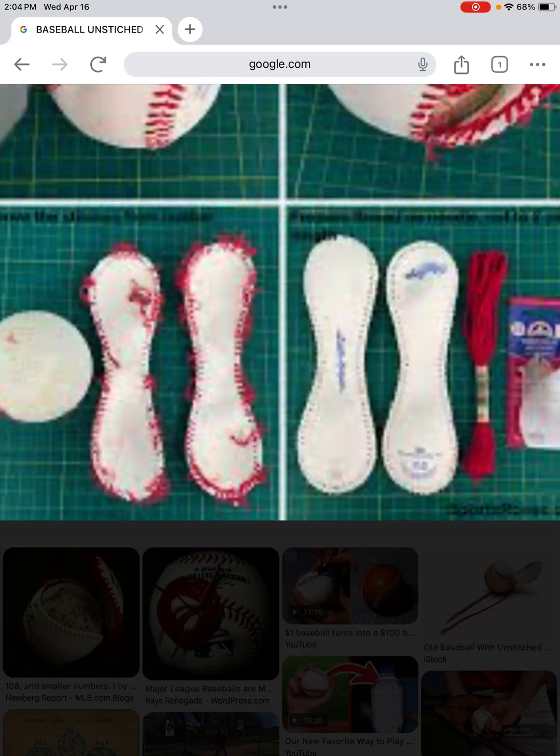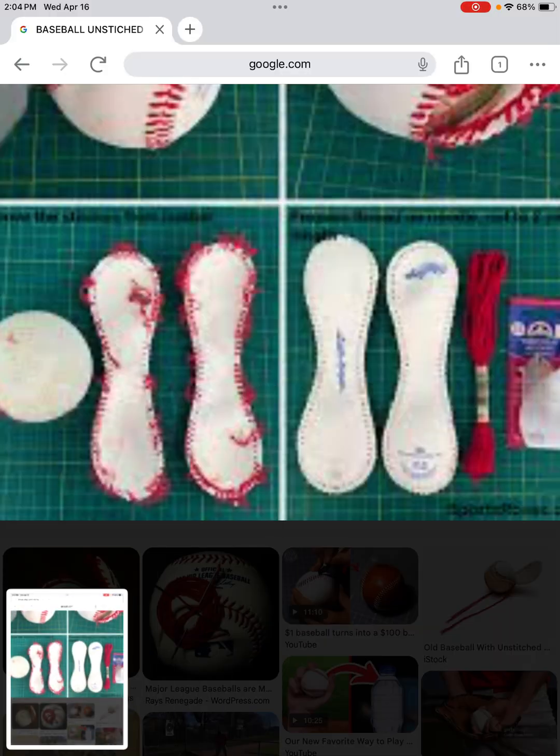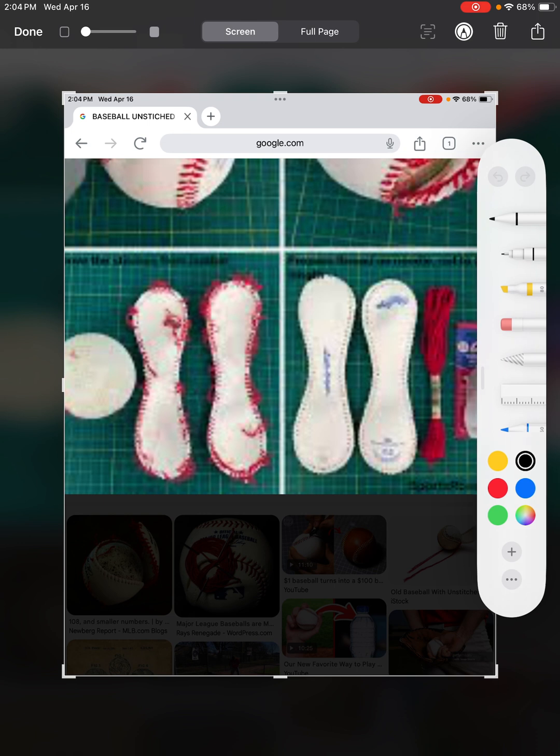Right here is 1 circle, so it's 4 circles together.